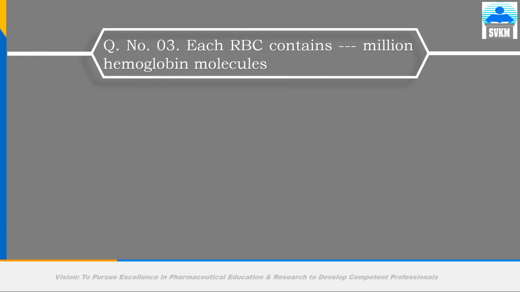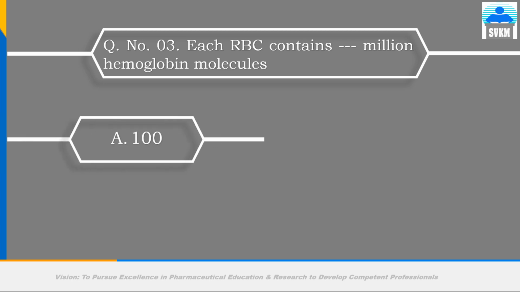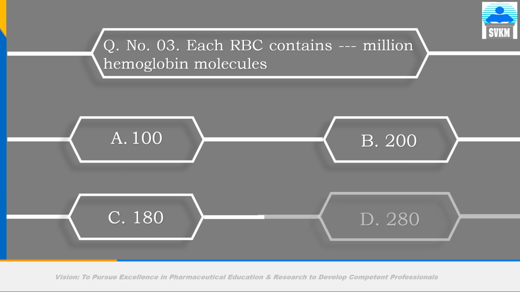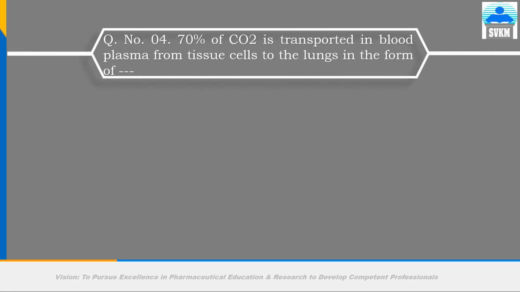Third question, each RBC contains dash dash million hemoglobin molecules. A option 100, B 200, C 180 and D 280. The correct answer is 280 million. Fourth question, 70% of the CO2 is transported in the blood plasma from tissue cells to the lungs in the form of dash dash.